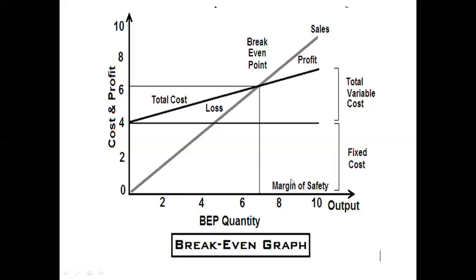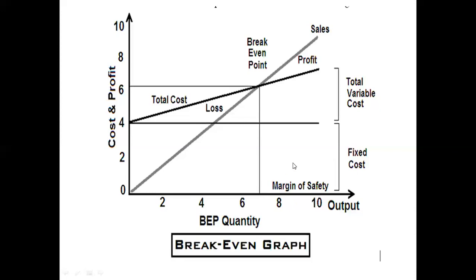So margin of safety means this is the point at which, in order to get profit, the minimum quantity should be reached. If the quantity is less than this, then we are getting the loss, and above this we are going to get the profit.